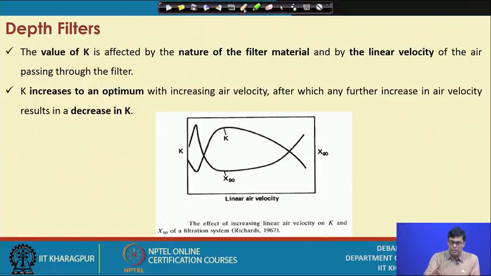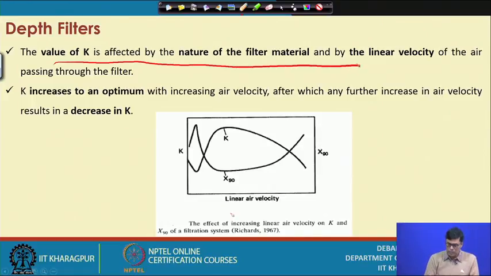Now, this is the kind of correlation that we have: the k value is affected by the nature of the filter material. This is the linear velocity and this is the k value. Your k value, if you look at this, first increases and then decreases like this, am I right? And the x90 value will decrease, then it will increase.